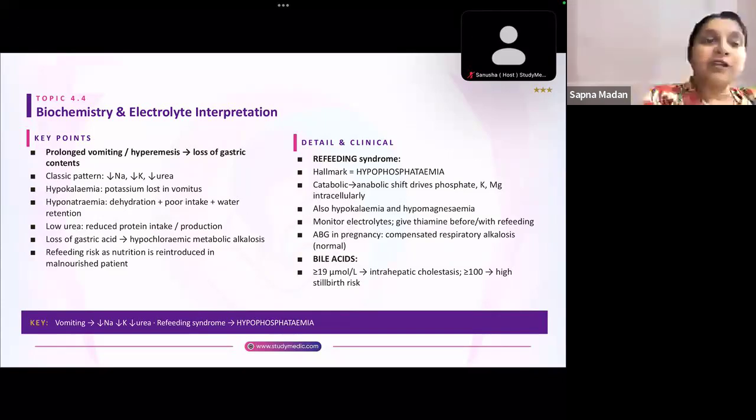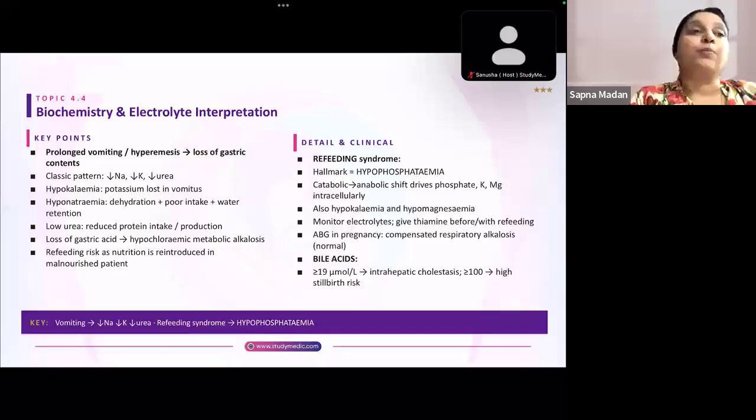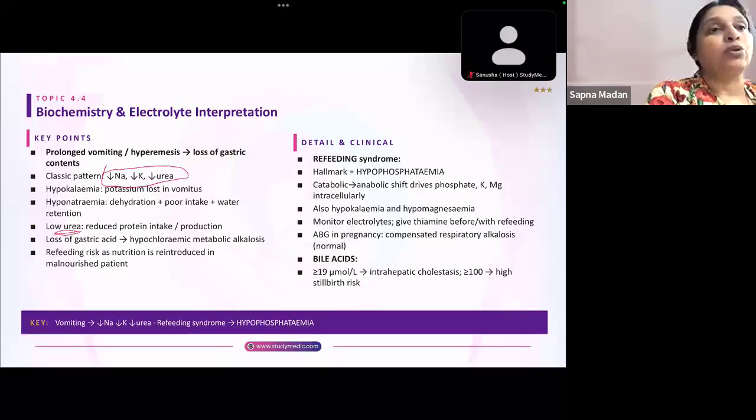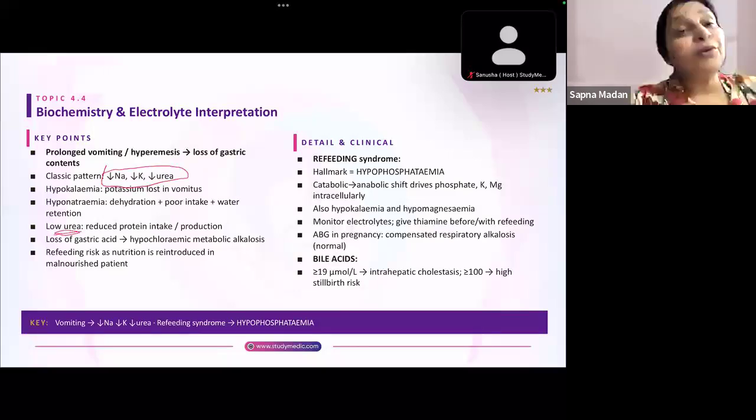Then because of dehydration and poor intake and because of water retention, there is hyponatremia. And because again of poor intake, there is poor protein and poor production, the urea is also low. Okay, so low sodium, low potassium, and low urea. This is something peculiar about hyperemesis patients.